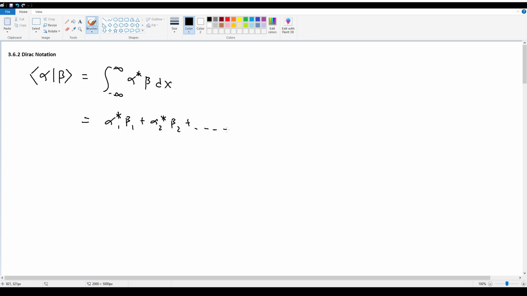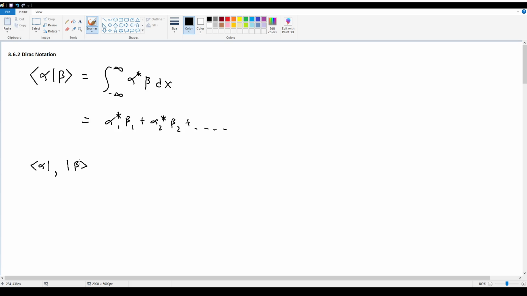The thing we're going to look at here is, instead of treating the bra-ket as an entire thing, considering what would happen if we started looking at the bra and the ket as if they were separate elements. What happens if I split this into an individual bra and an individual ket, right?